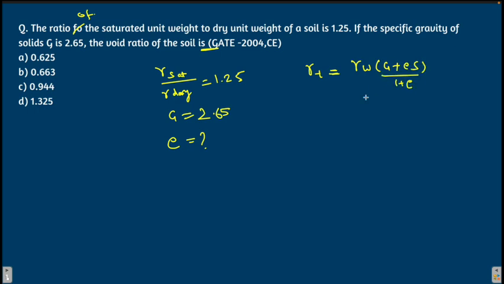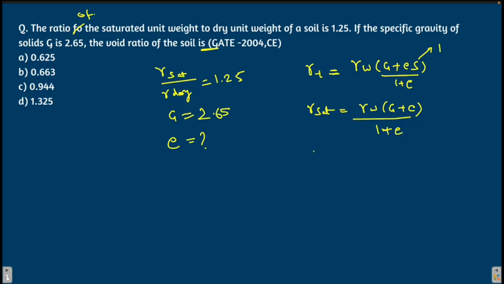But if the soil is completely saturated, filled with water, it will convert to gamma saturated and the degree of saturation becomes 1. So you can easily find, replacing S by 1, gamma saturated is gamma w into G plus e by 1 plus e.